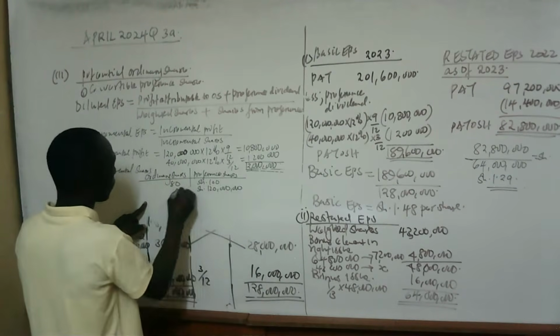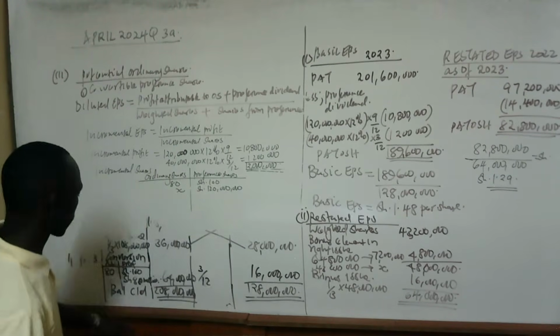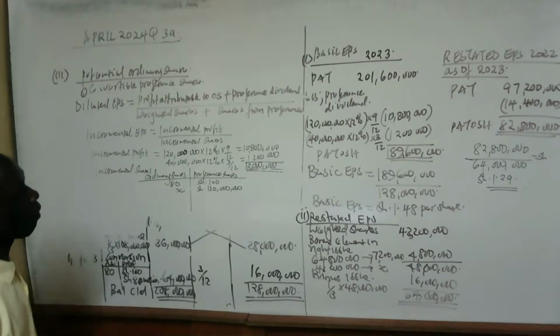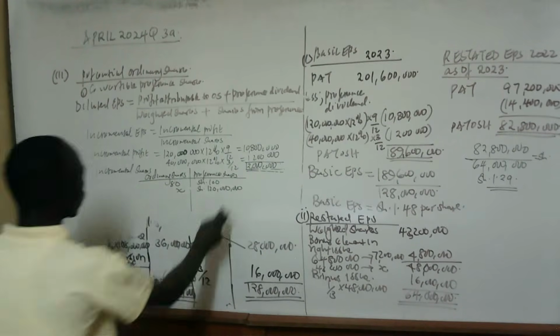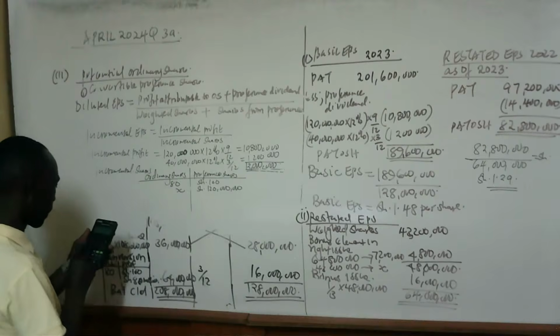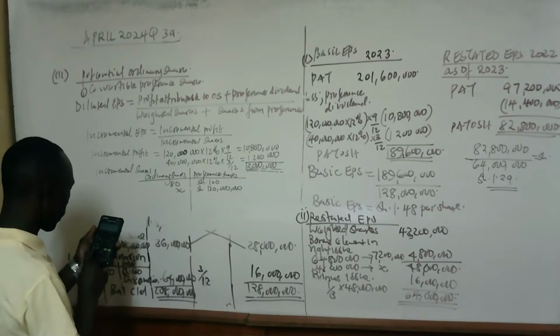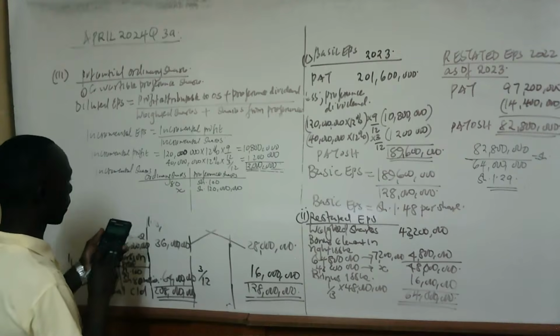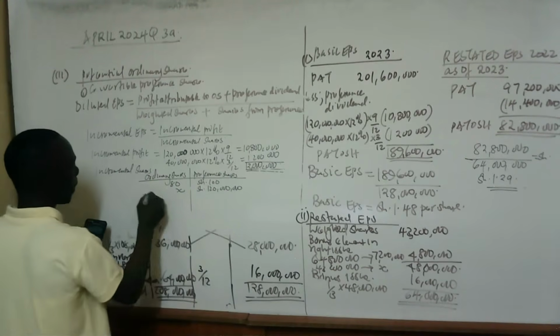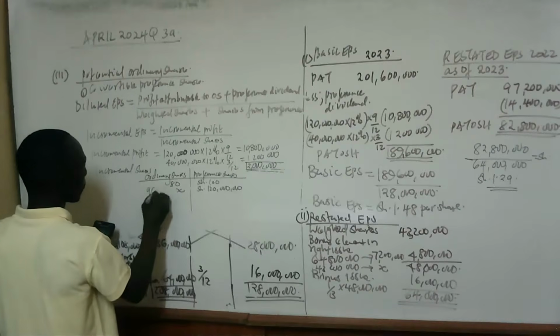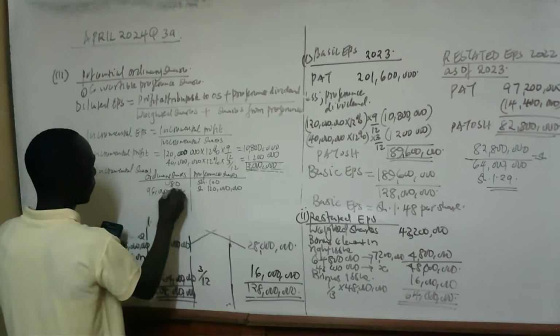You cross multiply: 80 times 120 million, then divide by 100. So you are given 96 million.